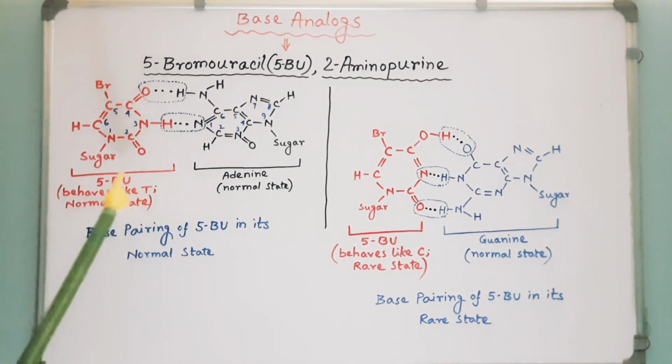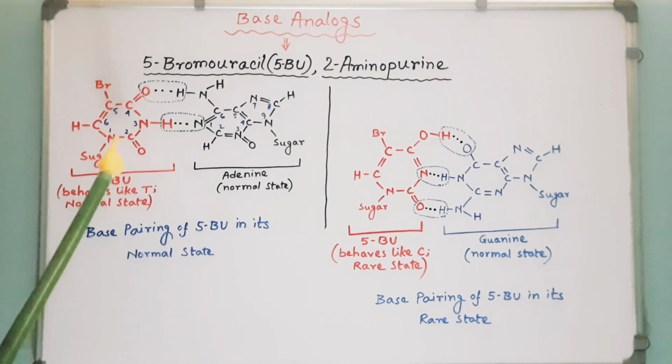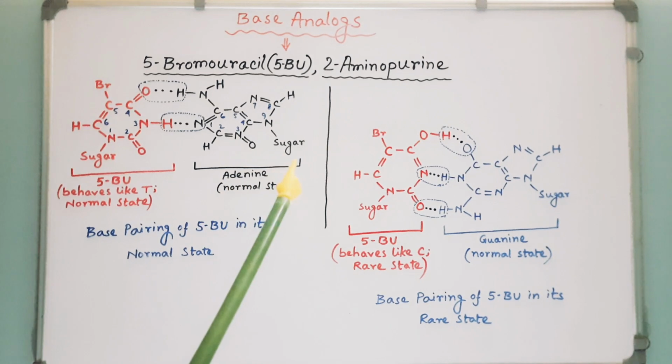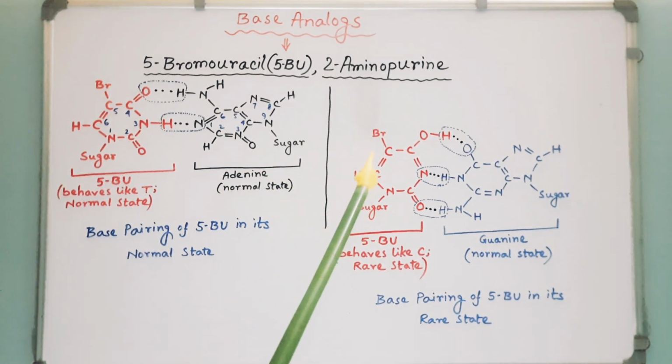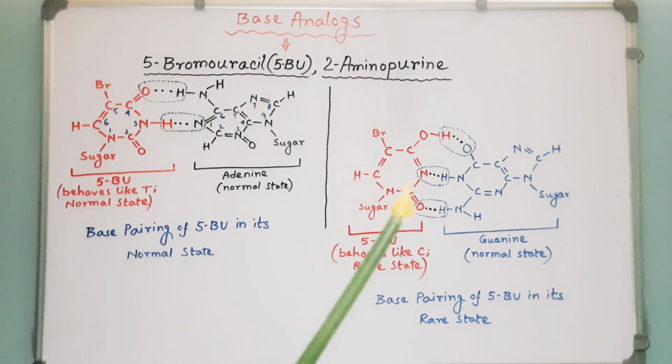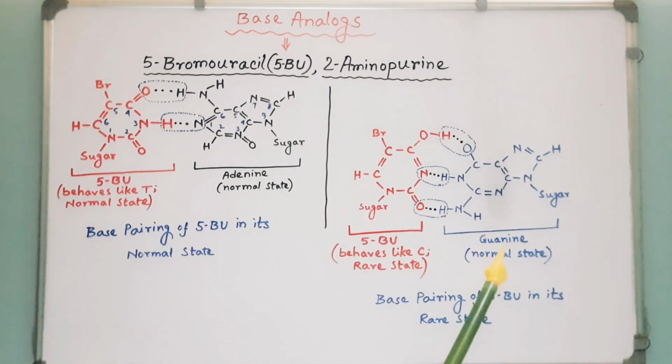In its more stable keto form, 5-bromouracil pairs with adenine. After a tautomeric shift, it transforms into the rare enol form, which behaves like cytosine. So, it pairs with guanine.